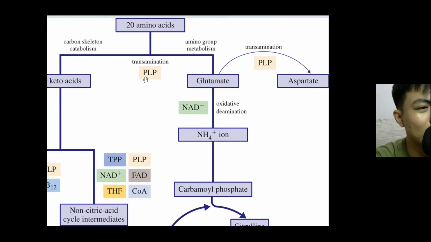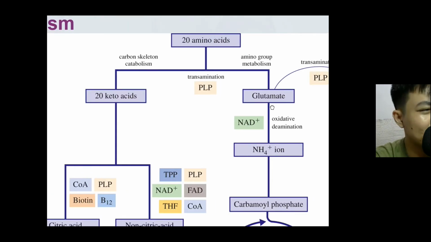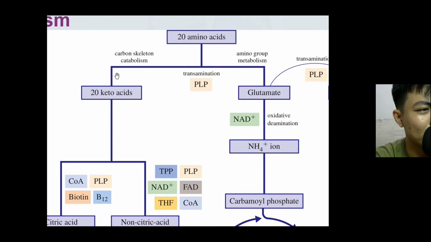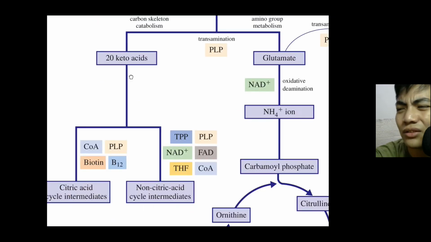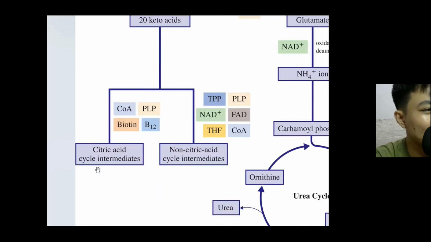So again, yung PLP, ito yung ating pyridoxal phosphate na galing sa vitamin B6. Okay? So by transamination, pwede tayong makagawa ng glutamate or pwede naman alpha-keto acids. Itong alpha-keto acids na to, they can eventually turn into citric acid cycle and non-citric acid cycle.